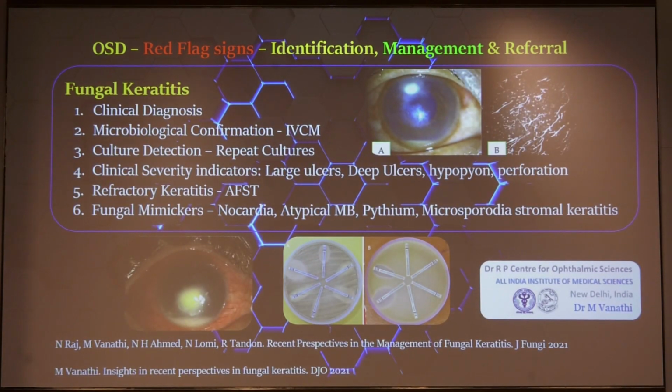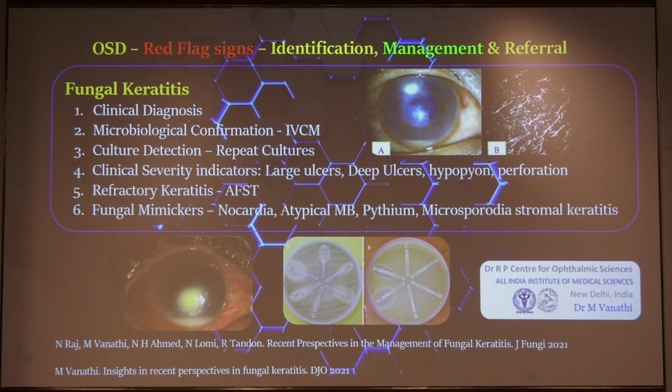You would not want to worsen the scenario in such a case. We now move on to fungal keratitis. I think lots has been said by the wonderful presentations which preceded this session, so I'll just make it brief. Clinical diagnosis is the key to the management of fungal keratitis. That said, in refractory or recalcitrant fungal keratitis, where your microbiological detection methods are not helping you enhance your clinical diagnosis, you will probably have to stop and relook at your management modalities.